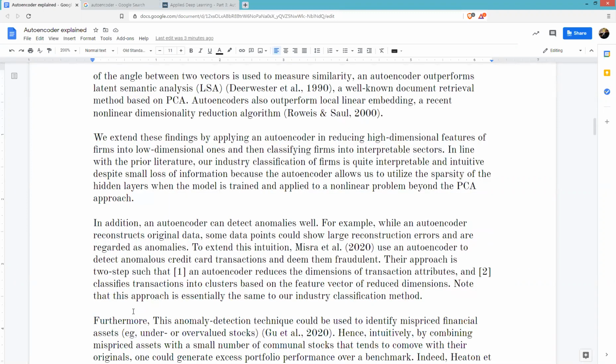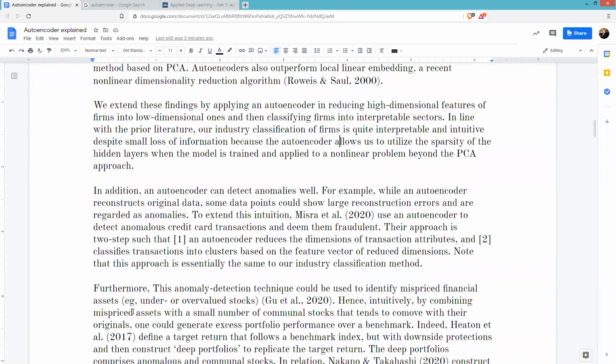In addition, an autoencoder can detect anomalies well. Anomalies means things like noise, outliers. For example, while an autoencoder reconstructs original data, some data points could show large reconstruction errors and are regarded as anomalies.